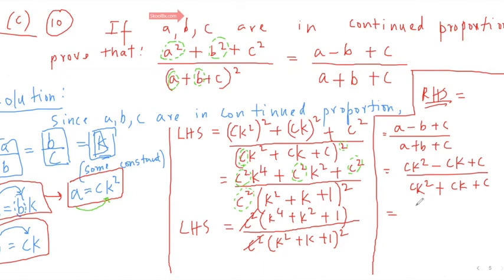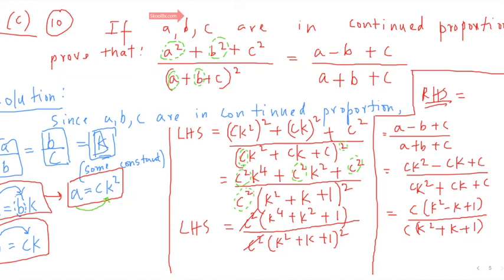Again, I factorize out the c from this. I get k squared minus k plus 1 divided by k squared plus k plus 1, and I take the c out. Is that fine so far? Yes, sir.